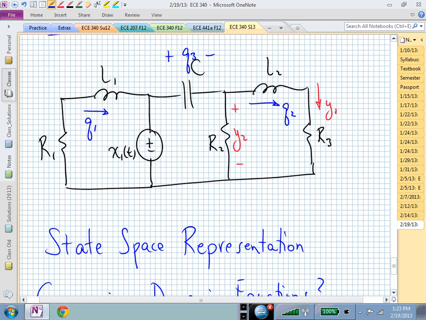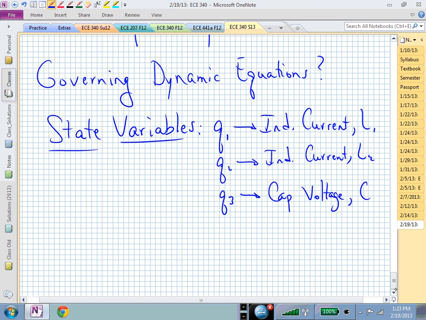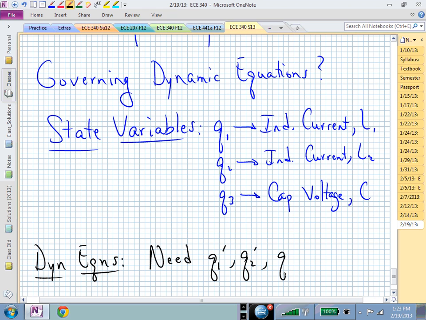Questions on that? We don't want any derivatives eventually on the right-hand side. We just want one derivative on the left. Our dynamic equations then that we're looking for: we need a Q1 prime, we need a Q2 prime, and a Q sub 3 prime.